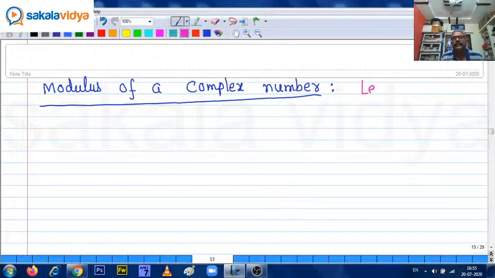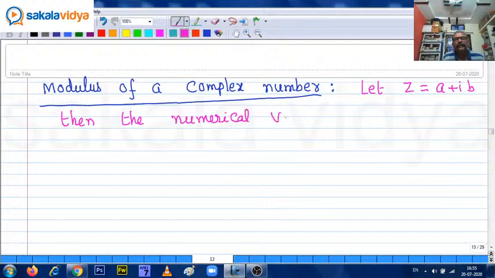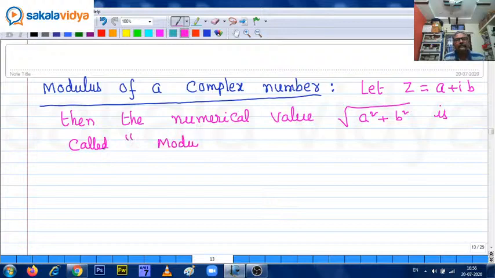See, let z is equal to a plus ib, then the numerical value root of a square plus b square is called the modulus of z, denoted by mod z.